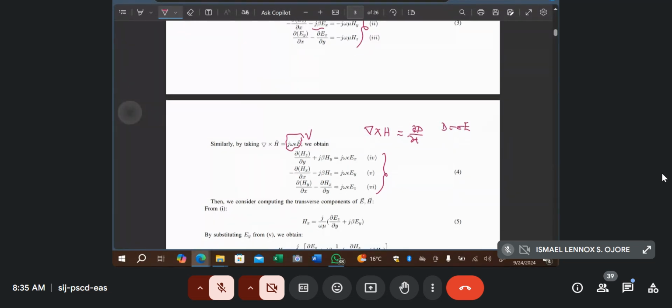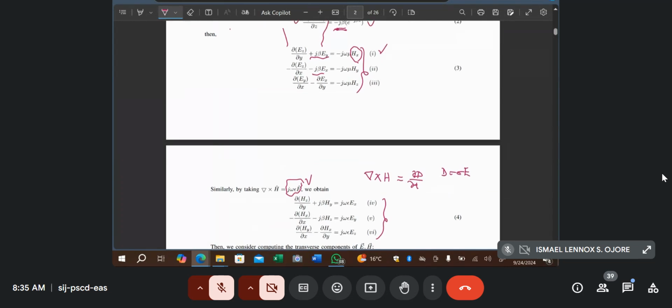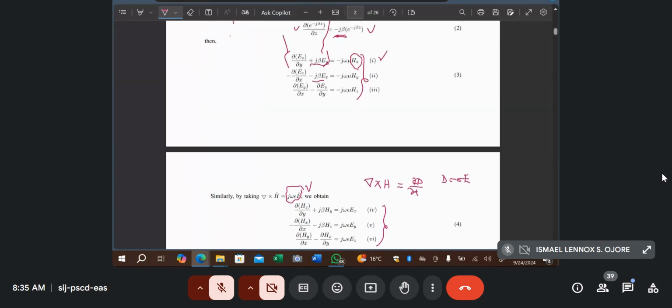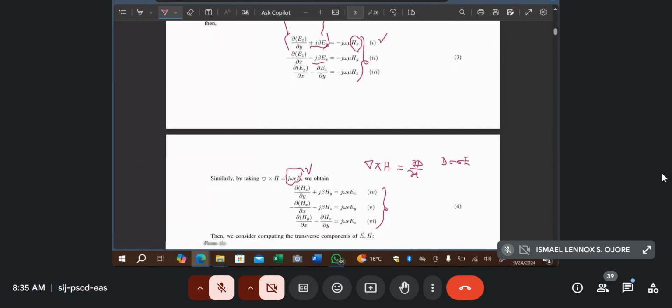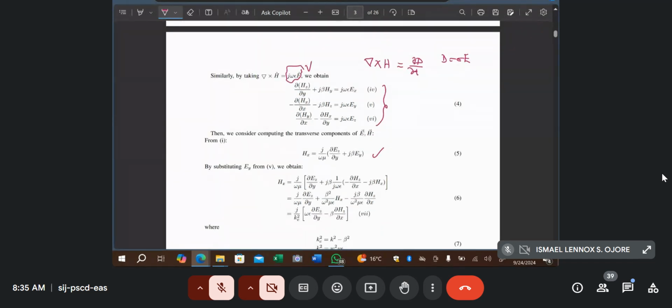For Hx, from 1, you divide everything else here by minus j omega mu. So you'll have j over omega mu times whatever is on the left hand side, dEz over dy plus j beta Ey. Okay, so that's from 1. But now we can substitute Ey from 5, because now we know Ey here.